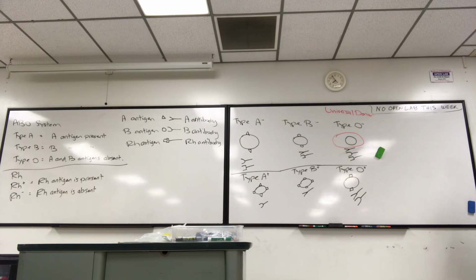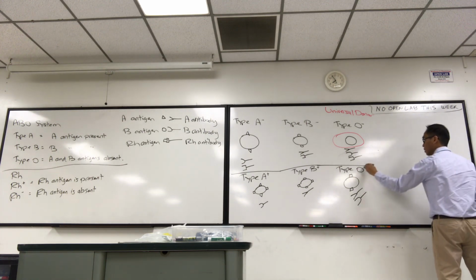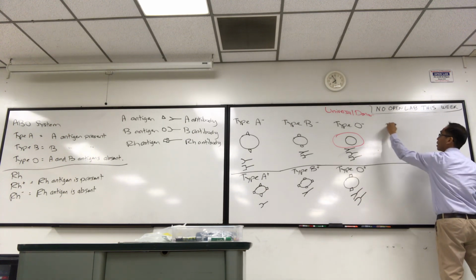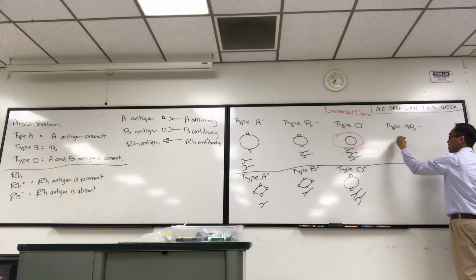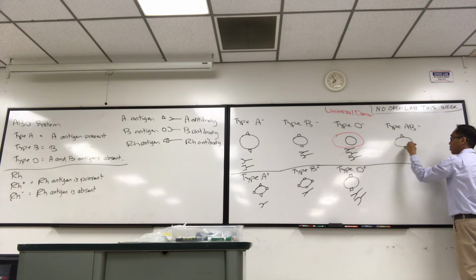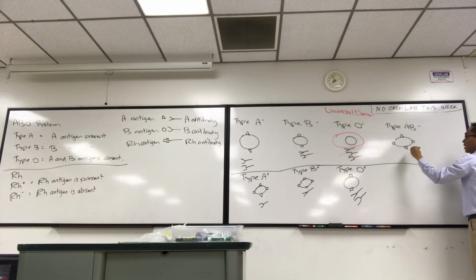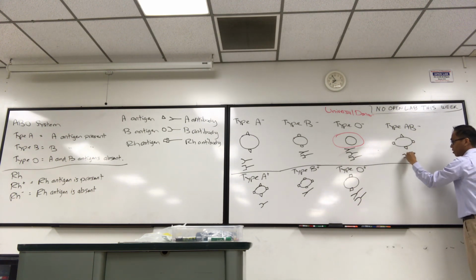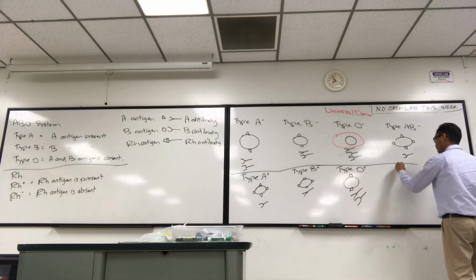There's one other type, it's very rare. There's AB positive and AB negative. Let's do AB negative first. So then, for that one, the A and the B are present, so I'm going to draw the triangle and the circles, and then they're negative, so I'm going to draw the antibody against RH. So then there's AB positive, that's the last type.